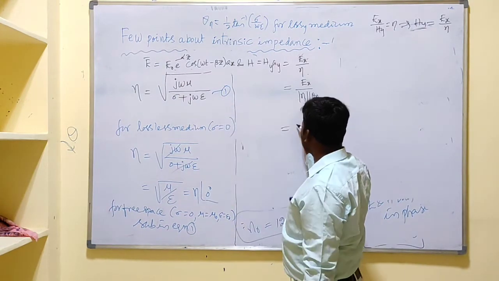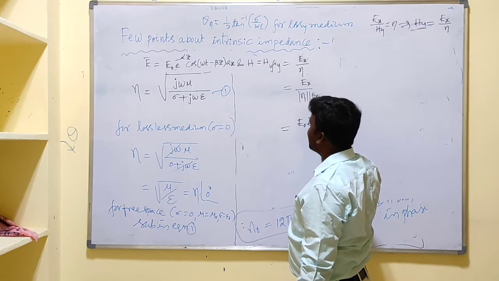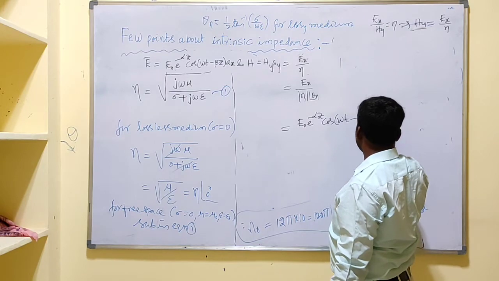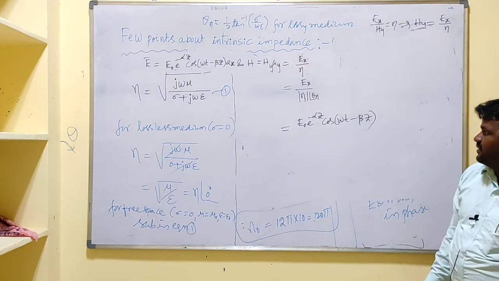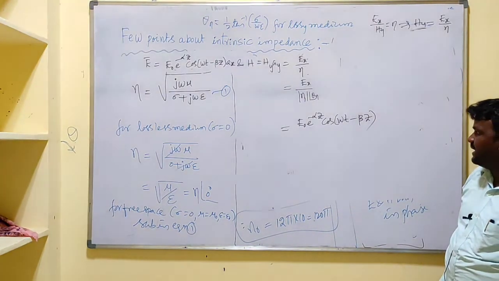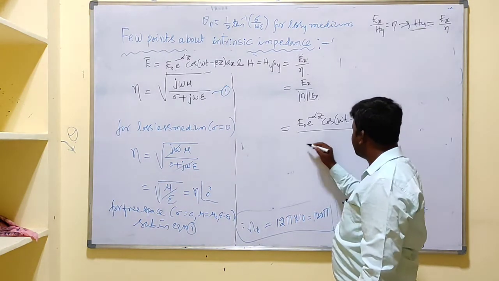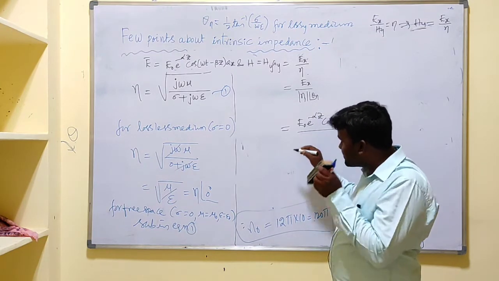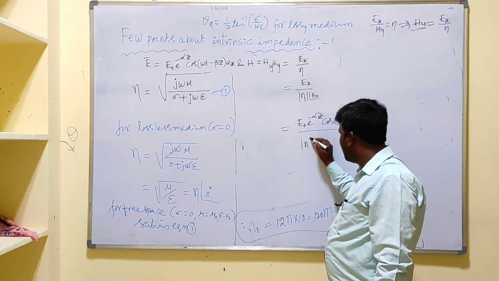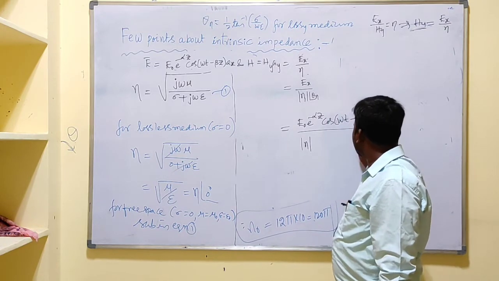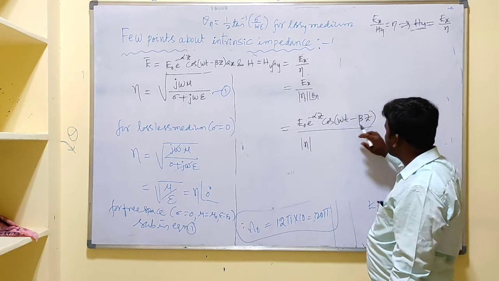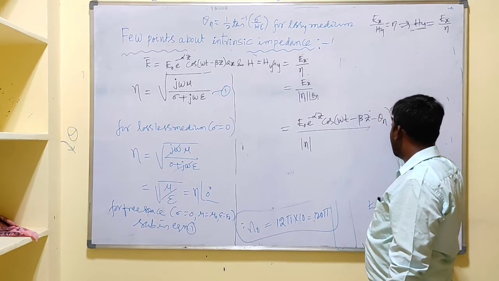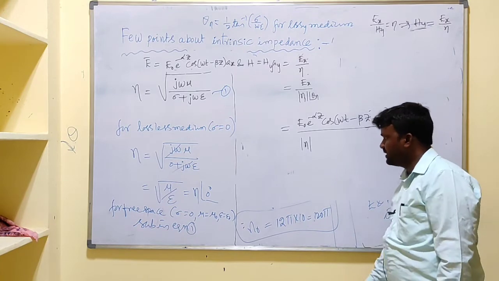E x is nothing but E naught e to the power minus alpha z cos of omega t minus beta z. Of course, eta is root mu by epsilon, that is mod eta at angle theta eta, and that theta eta is the phase angle only, so we can write minus theta eta.